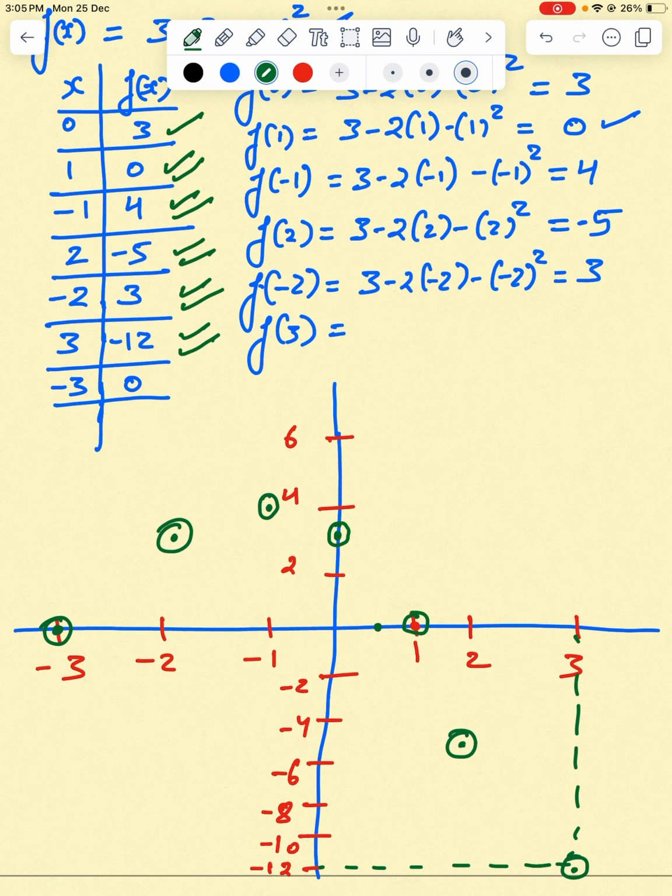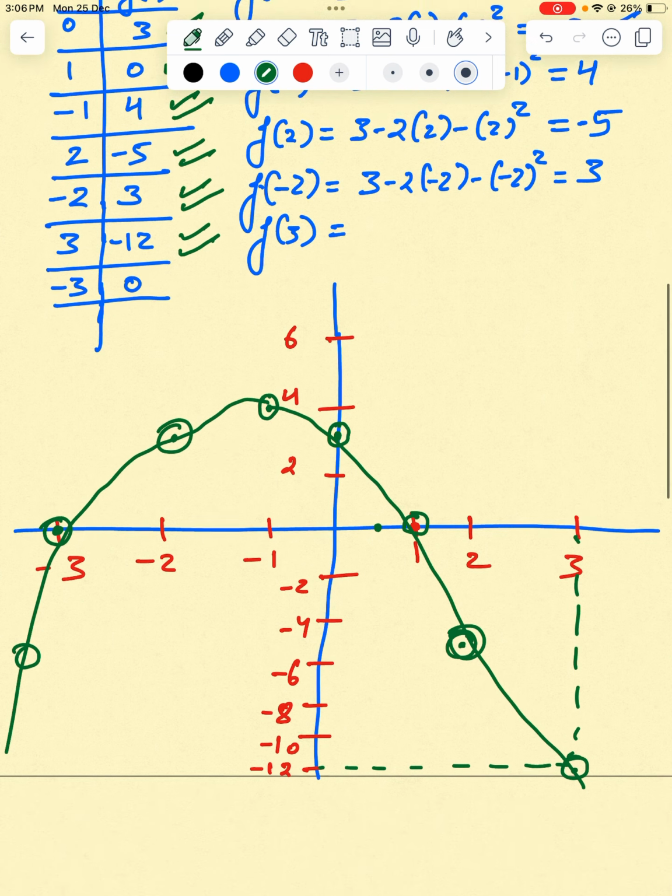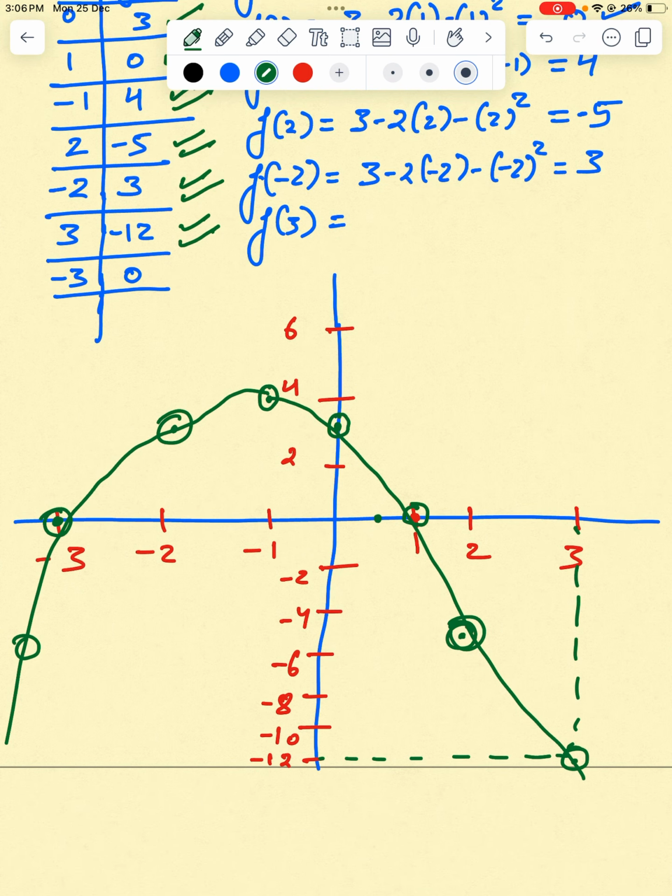So now try to plot the graph. It will go like this. See, I have drawn it free-handedly, that's why it looks like this. So it is just for your understanding.